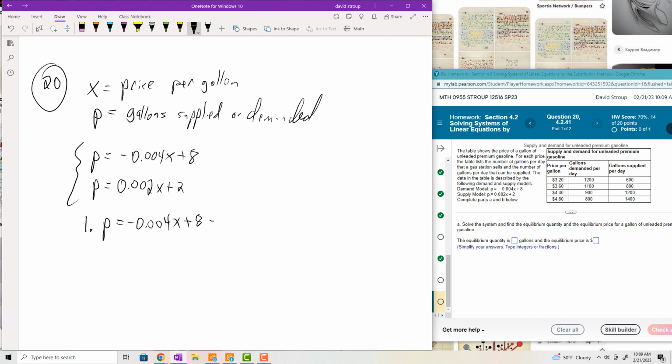and then substitute that into the second equation. Okay. But it's equivalent to saying set the equations equal to each other. So you'll hear teachers say that as well. Okay. Then you can solve. So I'm going to move this 0.002 over.